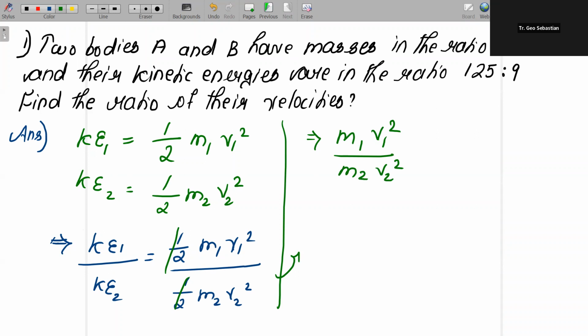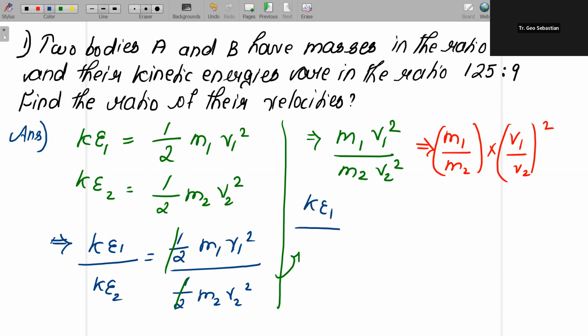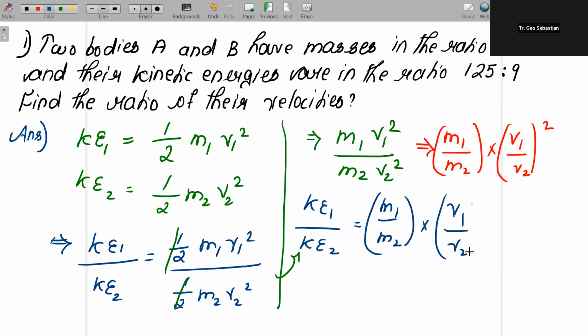I can write this as m1 divided by m2 into v1 by v2 whole square. Is it okay? So finally we got kinetic energy 1 divided by kinetic energy 2 is equal to m1 by m2 into v1 by v2 whole square.